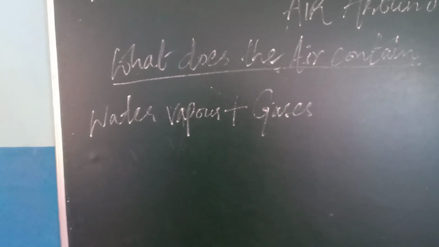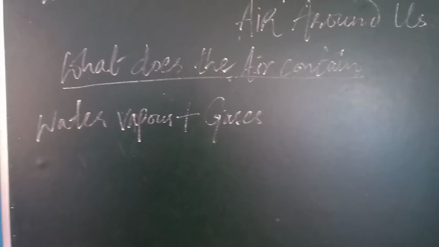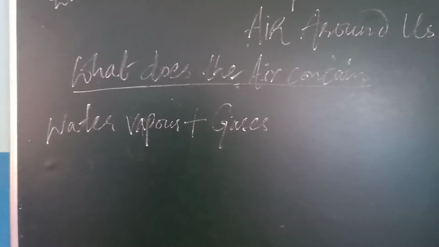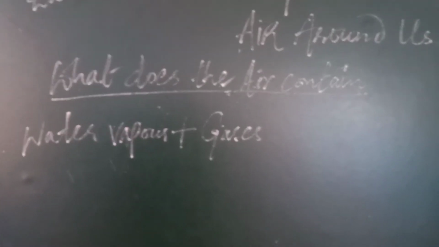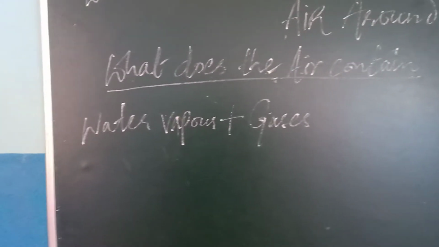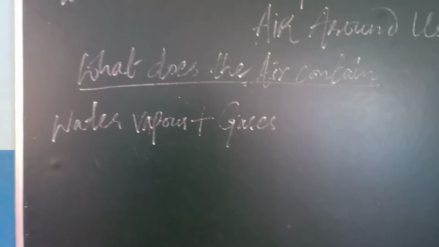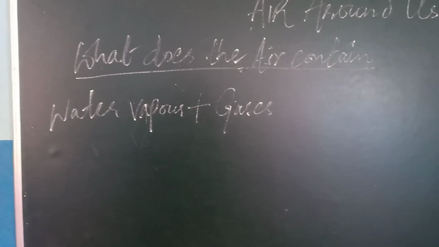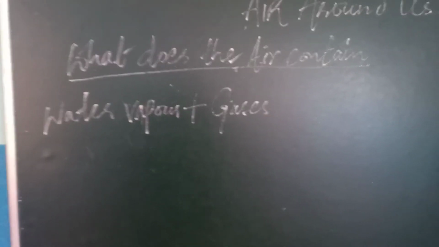That means if you dry your clothes in the sun, the heat is absorbed by the cloth, and the water starts changing into water vapor, and it becomes gas afterwards. So basically air contains a mixture of both water vapor and gases. This water vapor mixes with the air around, and thus air contains water vapor.